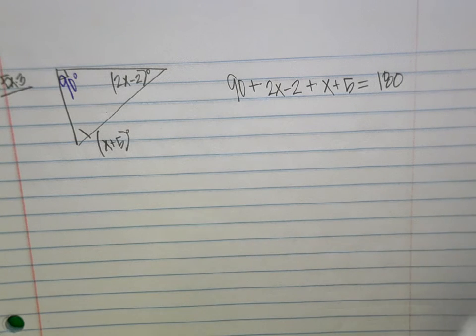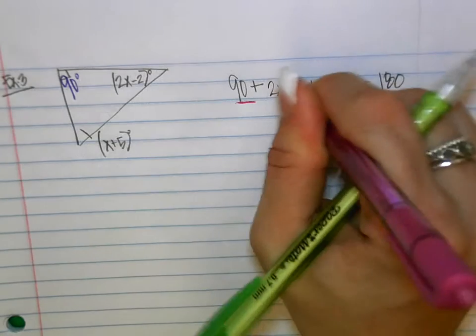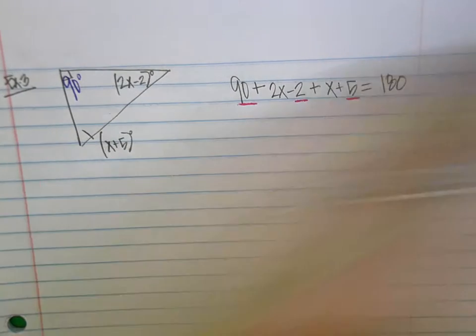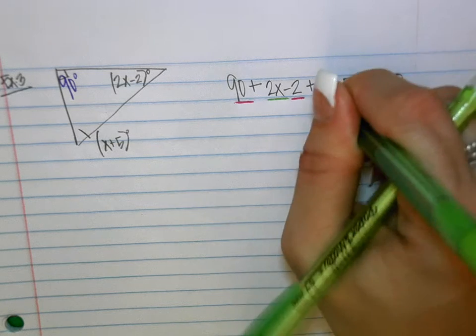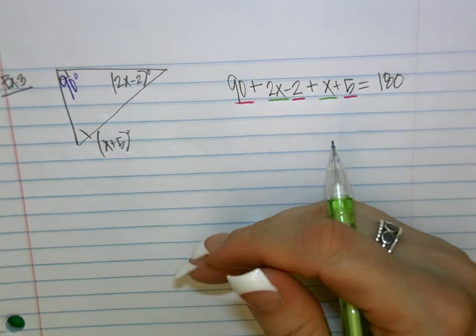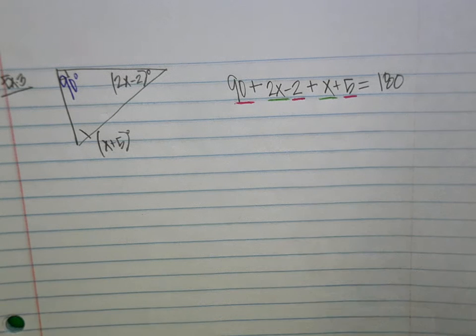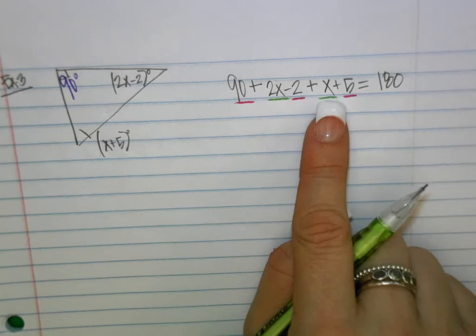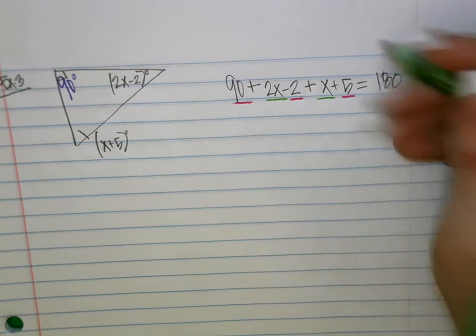Then we need to combine our like terms. So you're going to add together all the numbers and add together all the letters. Okay, so here we're going to have a 2x plus an x. When you're writing your equation, you always want to add together the variables first. Variables are letters. So 2x plus x, what is the coefficient, the number in front of this x, technically? A 1.